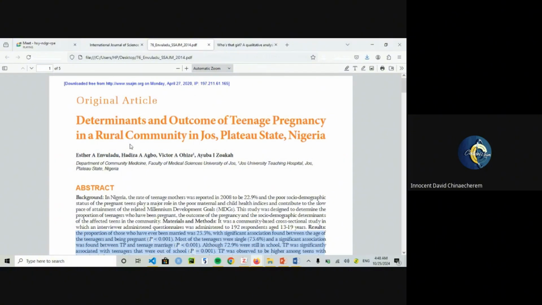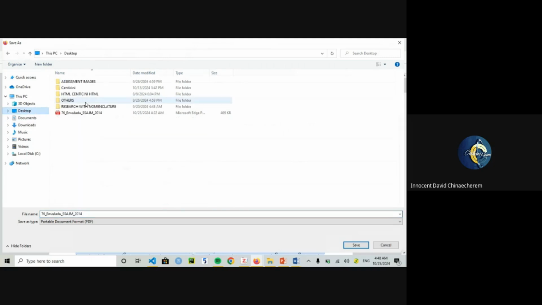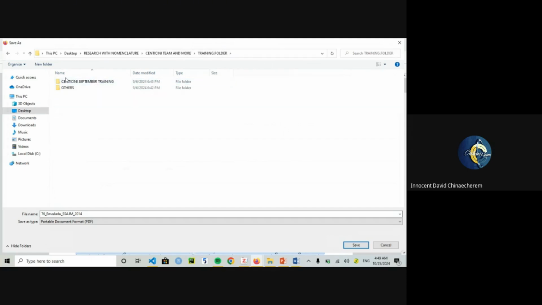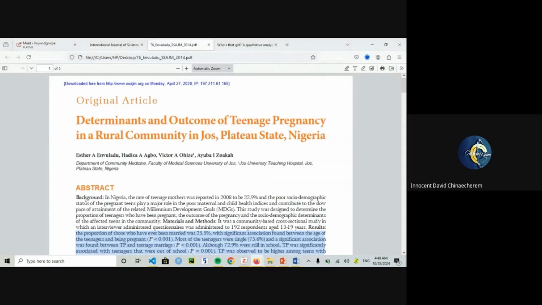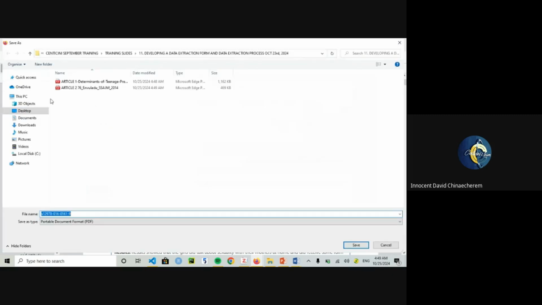I'm going to save that as well because we'll be using that. I'm going to call that article 2, and I'm going to save this into that folder. It automatically appears there.